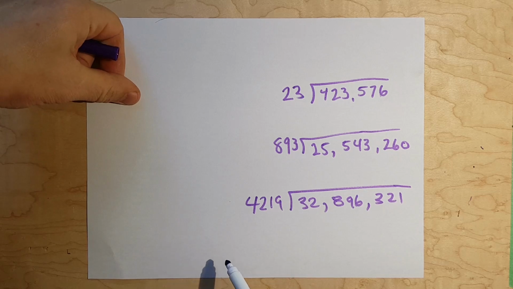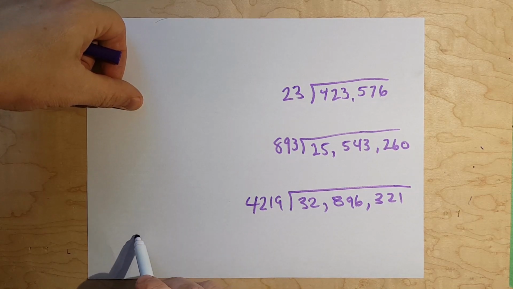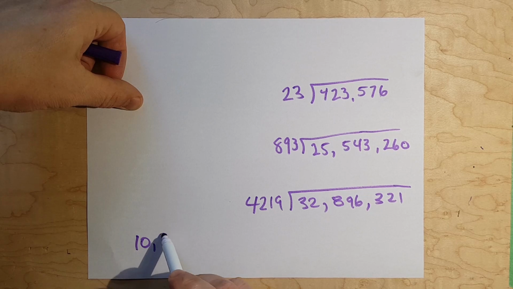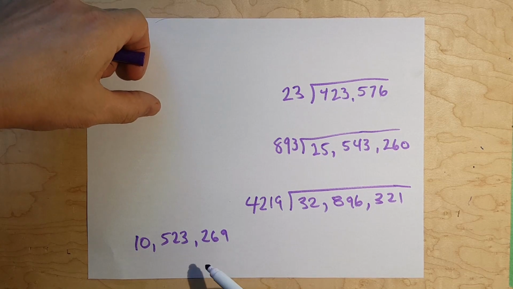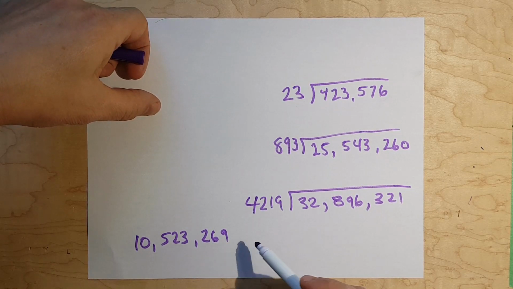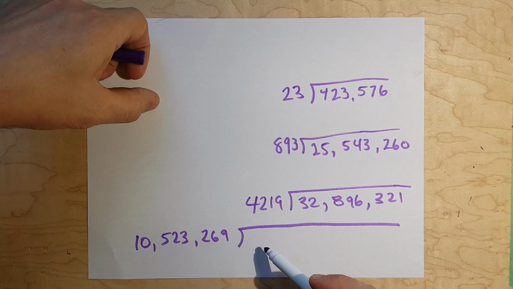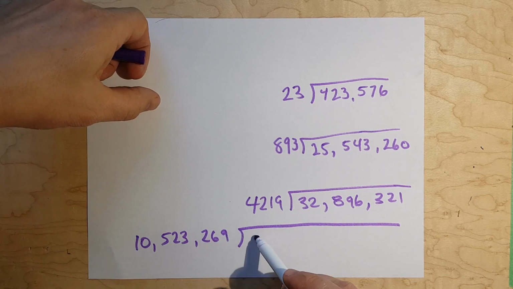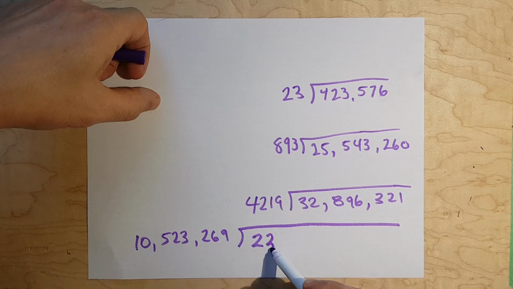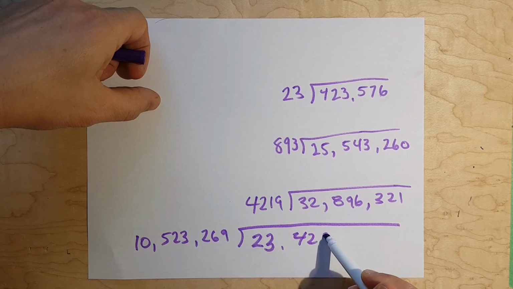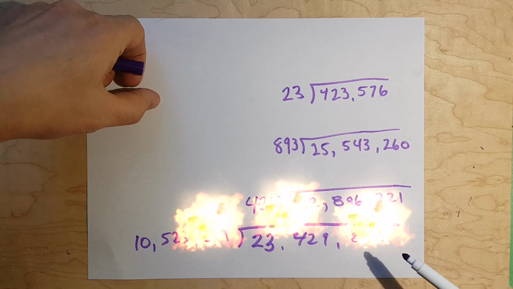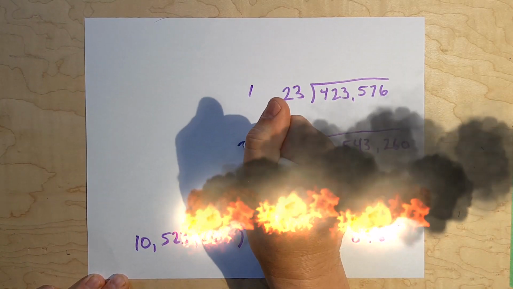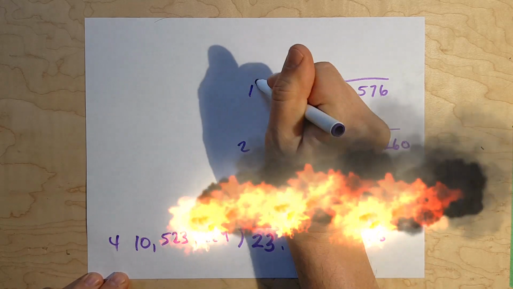Let's do 10,523,269 divided by 23,429,896. So this is equation 1, 2, 3, 4.